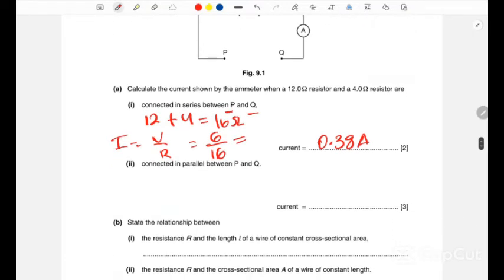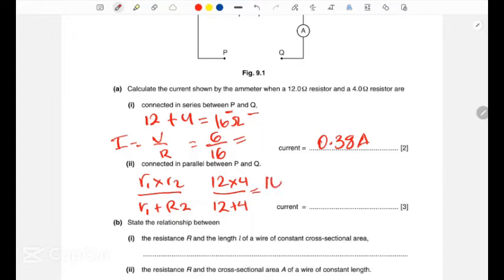Part 2. Connected in parallel between P and Q. If they are connected in parallel, to find the total resistance we're going to have to do R1 times R2 over R1 plus R2. So it's going to be 12 times 4 over 12 plus 4. So 12 plus 4, that's 16.